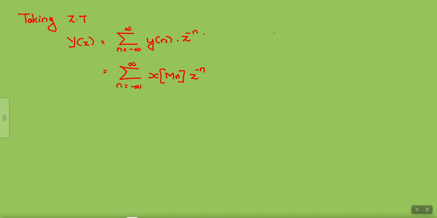Now let us define a new signal. Let it be p of n, and p of n is equal to 1 for n equal to 0, plus or minus M, plus or minus 2M, plus or minus 3M, like that.